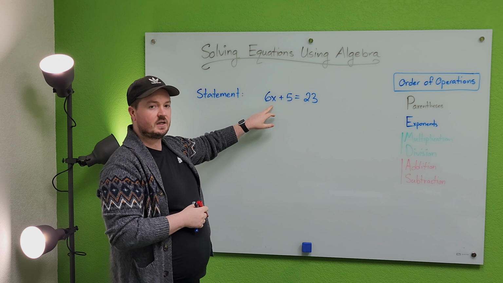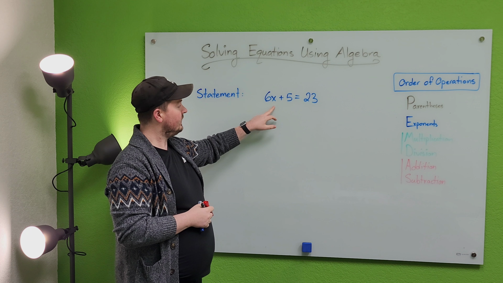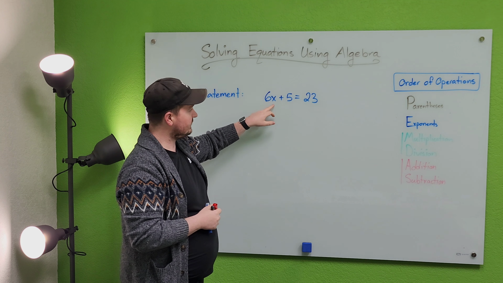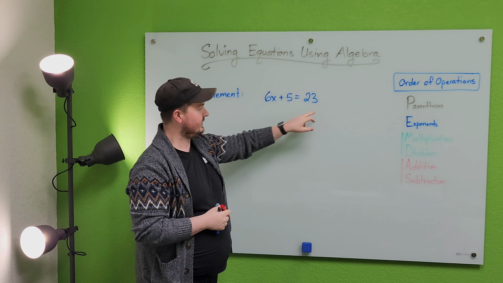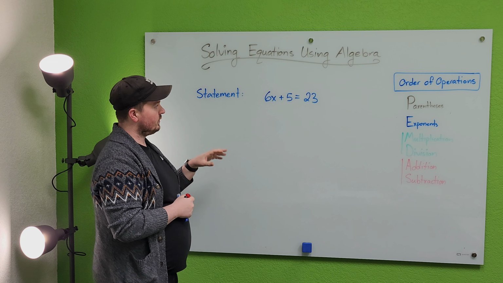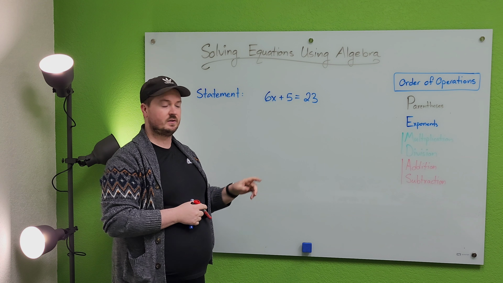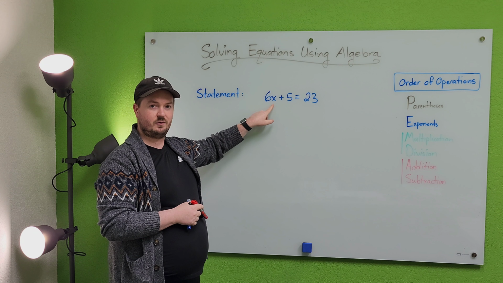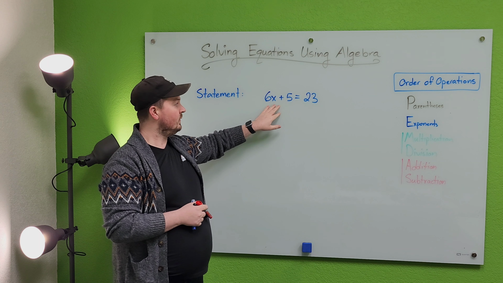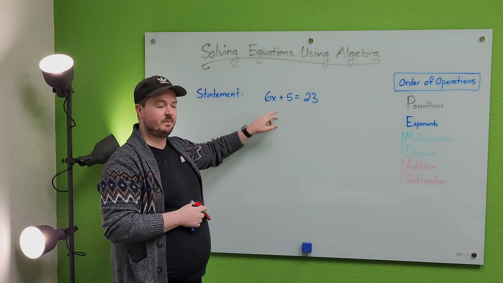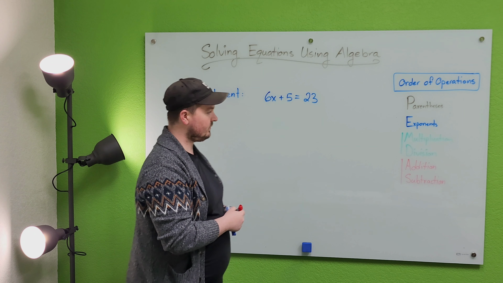So if we can get x by itself using the appropriate steps, then we will know what x must be to make this side of the equation the same as this side. So the approach we take to solve an equation, once all variables, all letters that we're solving for, are on the same side of the equation, we get this variable by itself by going through the order of operations backwards.